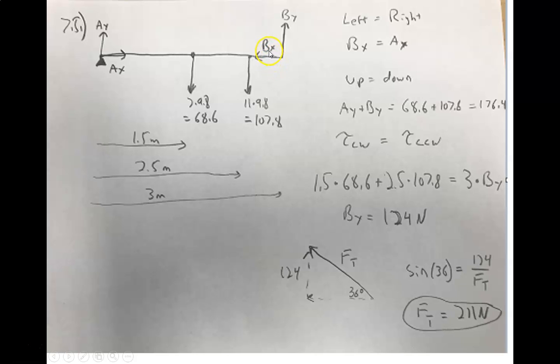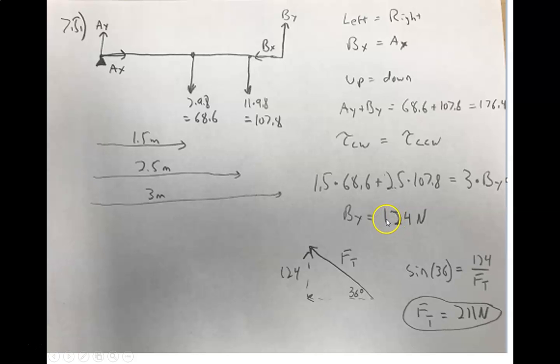Which way is BX going to cause rotation, clockwise or counterclockwise? It's not. BX points directly at the axis of rotation. So therefore it's going to create no torque, so I can leave it off my torque equation. BY is going to cause counterclockwise rotation. So solving, we get BY equals 124 newtons. So I found BY in one step.